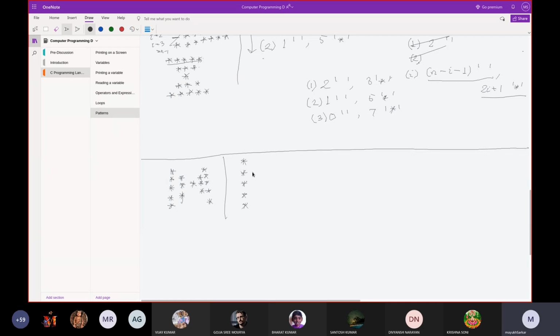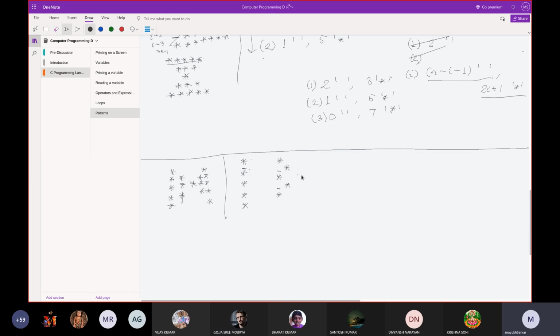You want me to draw 4 stars here? Where do you want me to start that star? Here or here? Sir, in between the first and second star. So there should be a space here. Yes, sir. That means a star, then a space, then a star, then another space like this. Yes, sir. And here there will be the star.